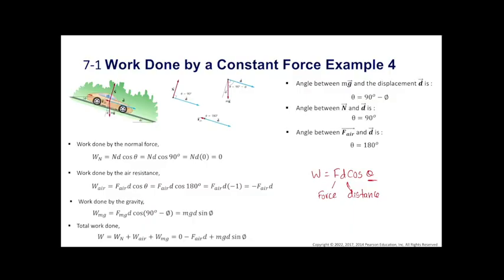The work is positive when the force and displacement are in the same direction, it is 0 if the force and displacement are perpendicular, and it is negative if they are in opposite directions. So it can be positive, negative or 0.